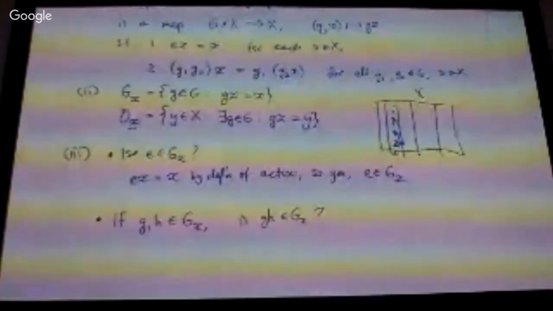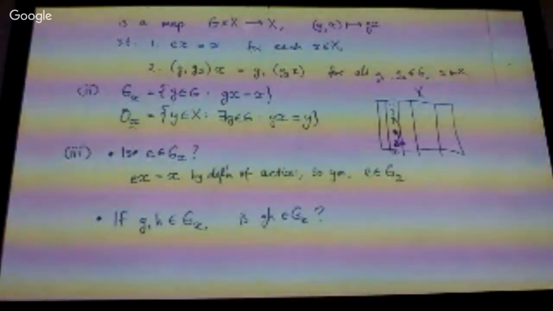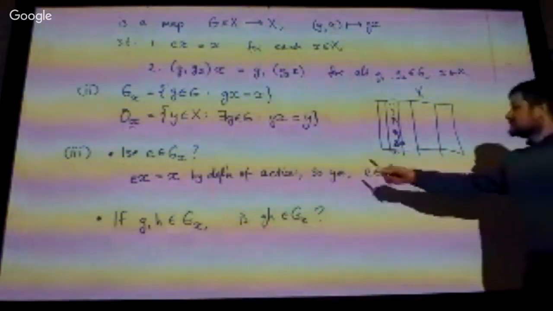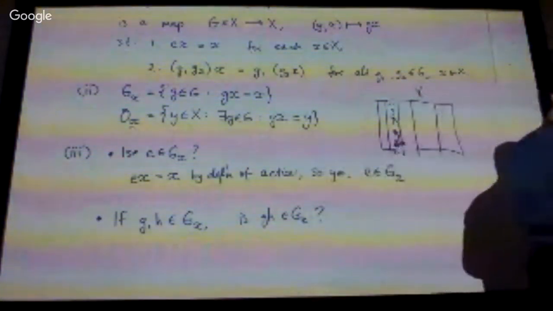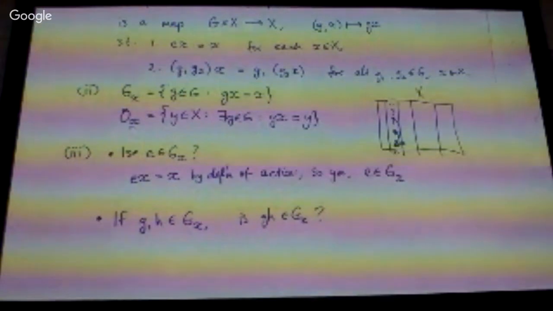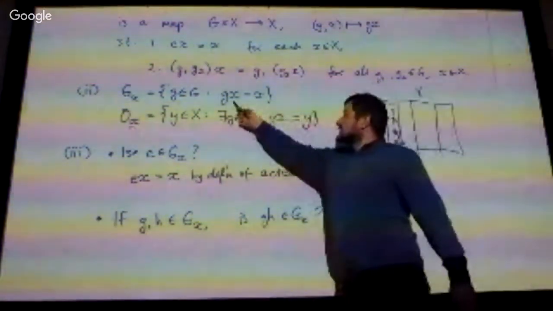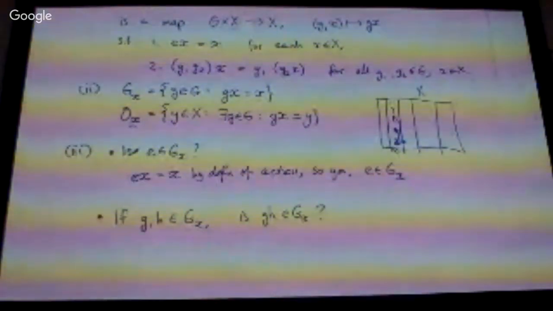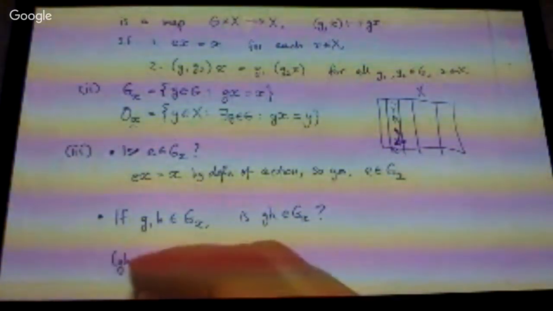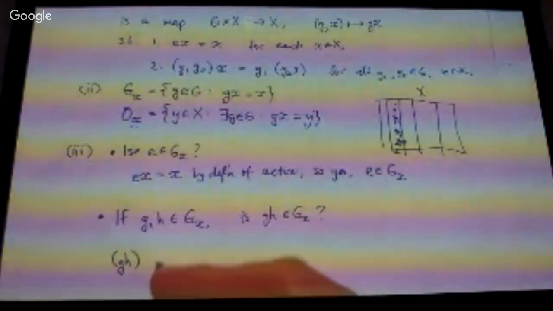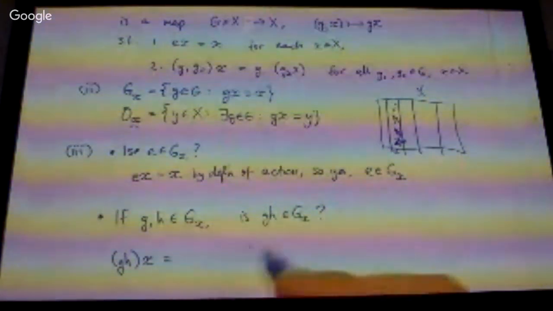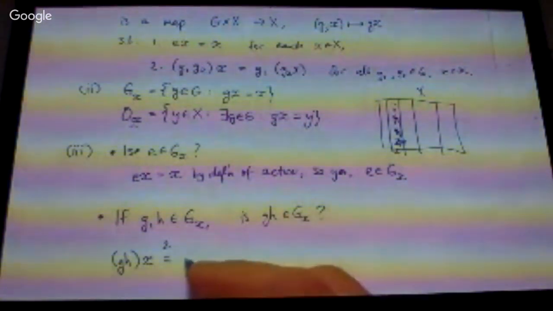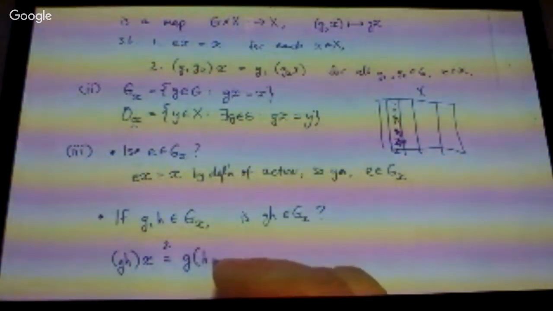Again, going directly from the test of being in the stabilizer, you want to calculate GH times X. Using condition 2 from the definition, this is G times HX.